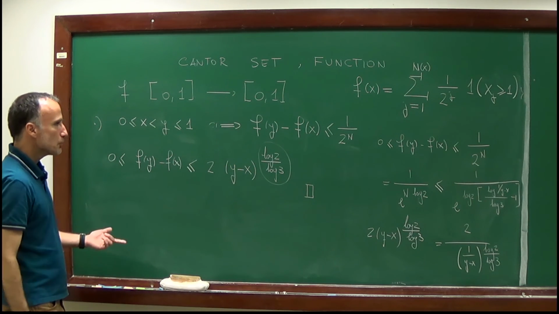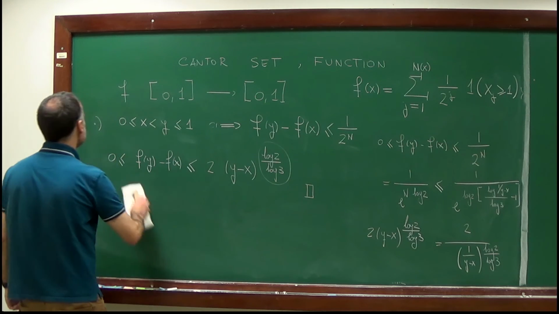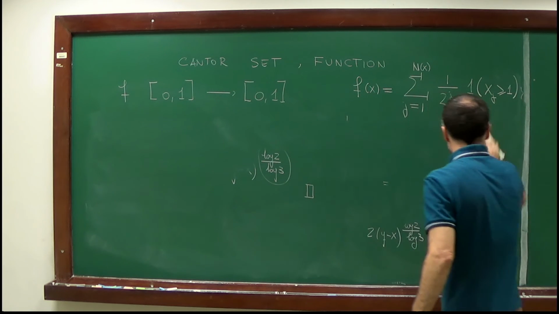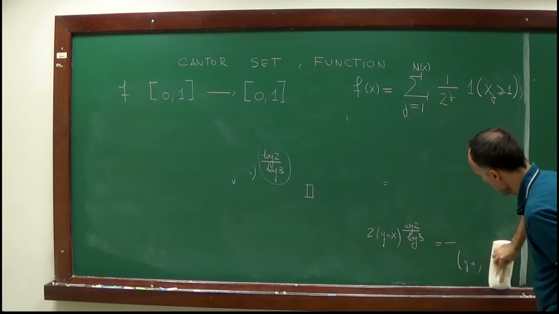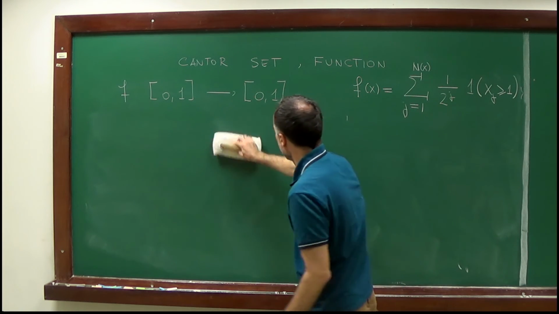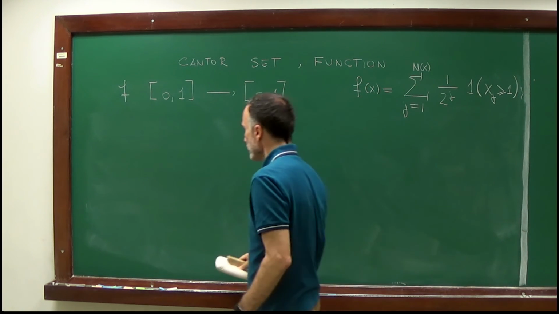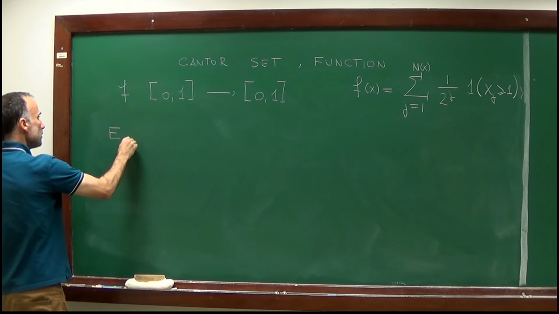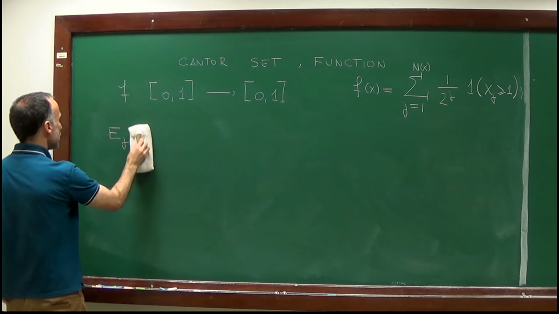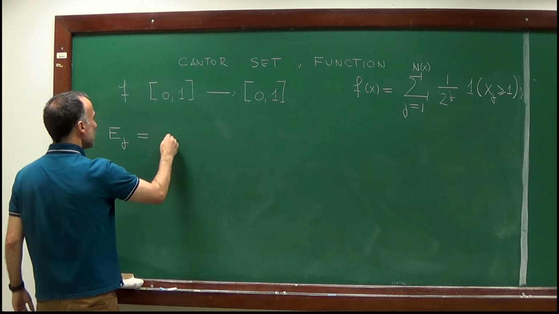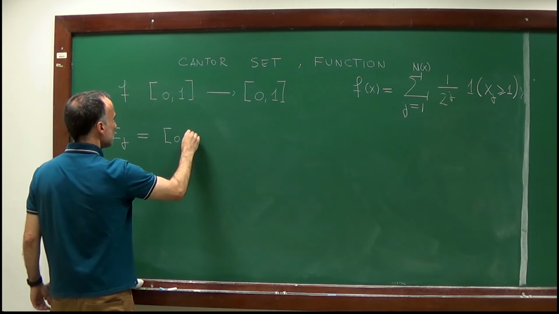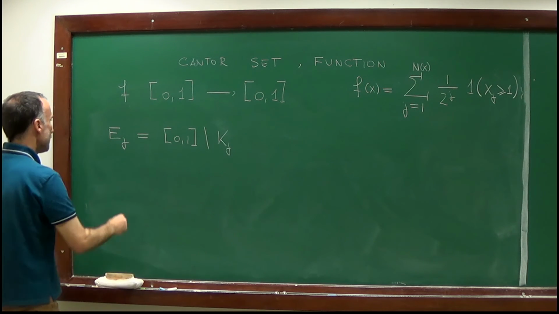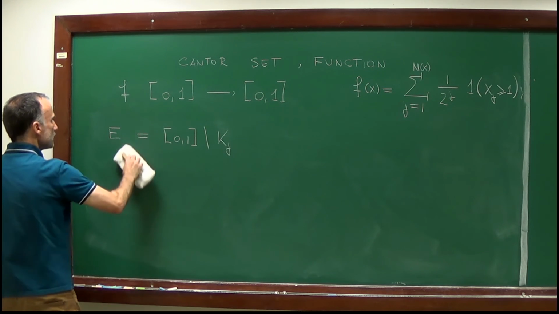We have seen that f is monotone increasing, and let me remind that f is constant on the intervals E_j. Here you have to remember that E_j was given by 0, 1 minus K_j, or let me, instead of j, use n.